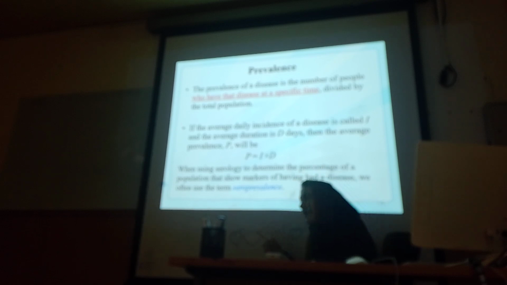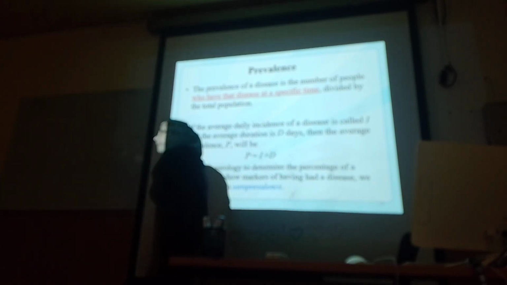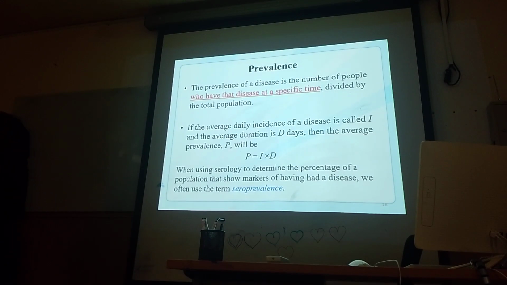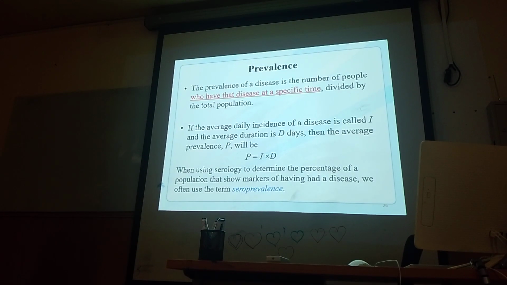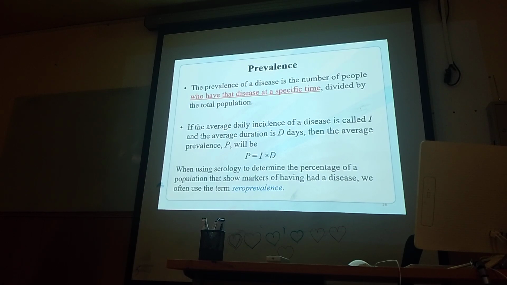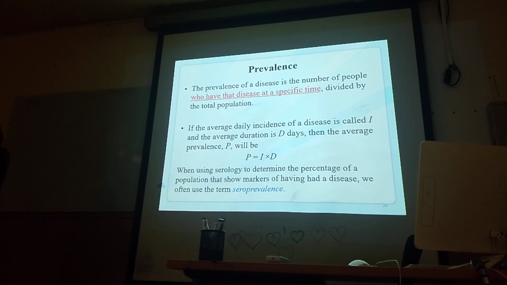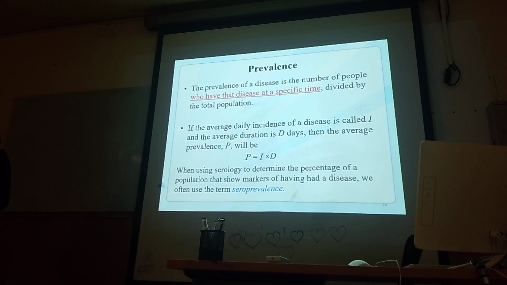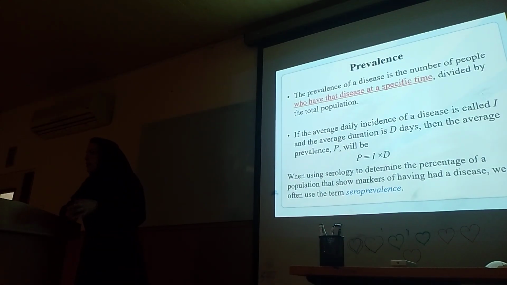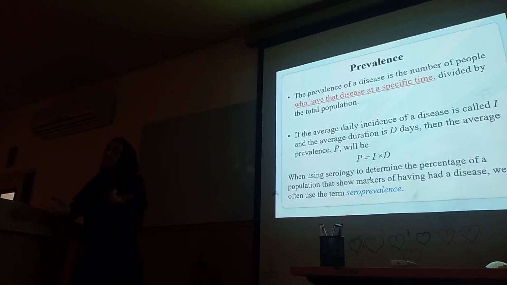For example, if I told you the prevalence of diabetes in medical students is 10%, it means that among 100 medical students, 10 have the disease.